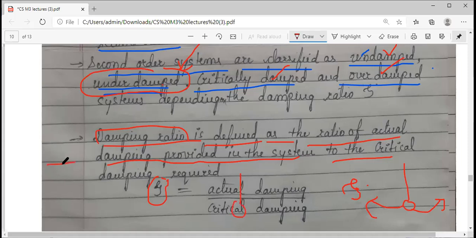Similarly, you can take one spring also, whose one end is attached and the other end is free. So what will happen if you pull this other end away from this fixed end? What will happen if you pull the spring and immediately release it?